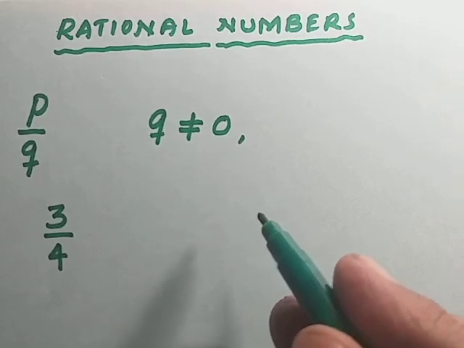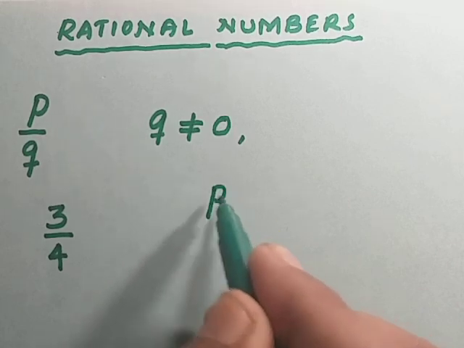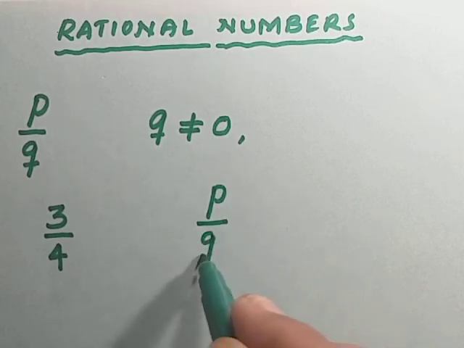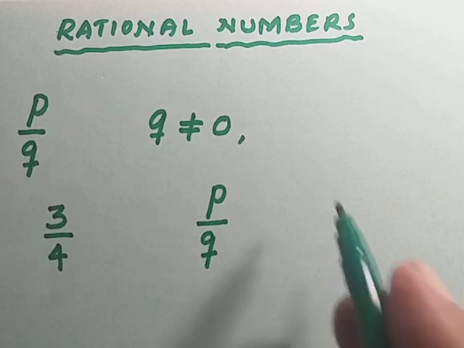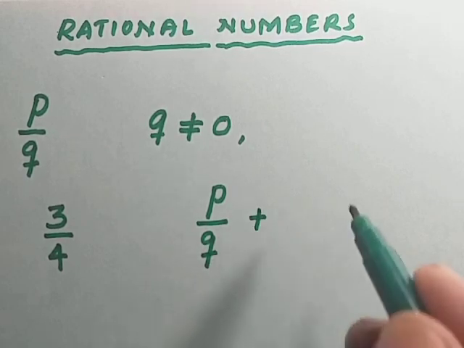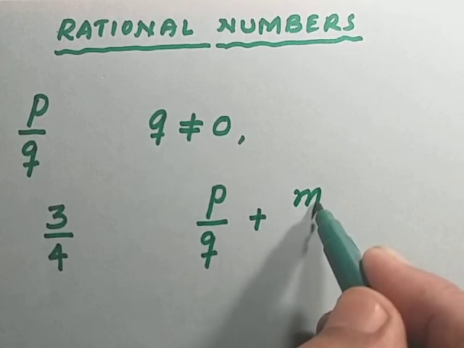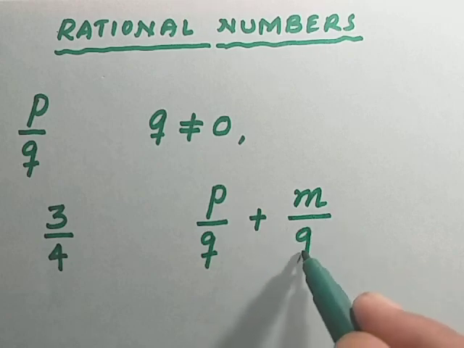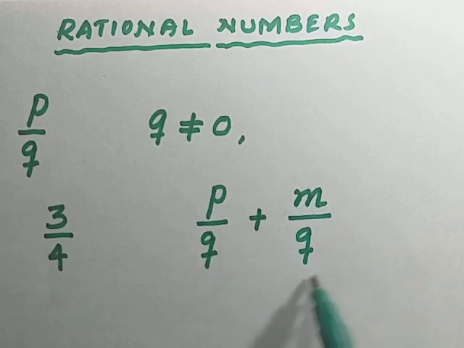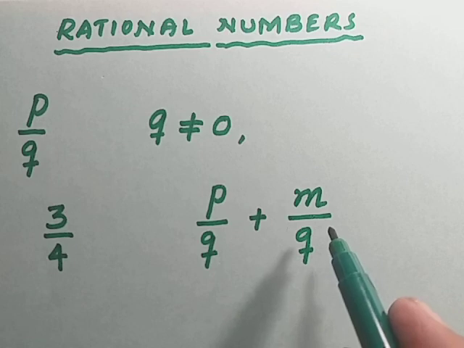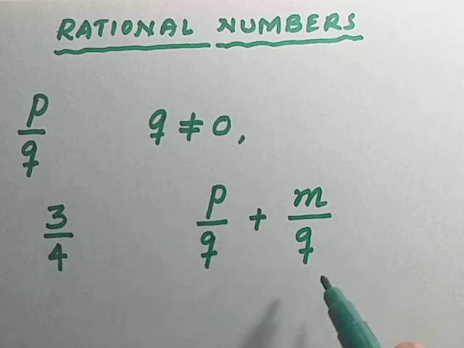A rational number when p by q is taken into account, and one more, say m by q. Now m by q is one rational number and p by q is another rational number.